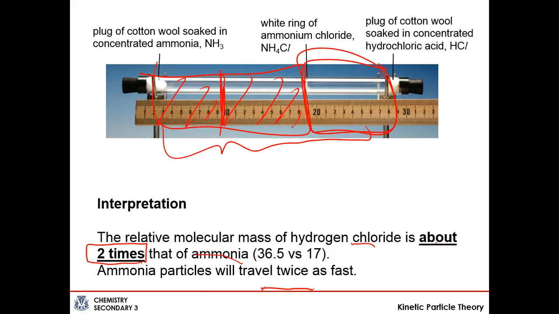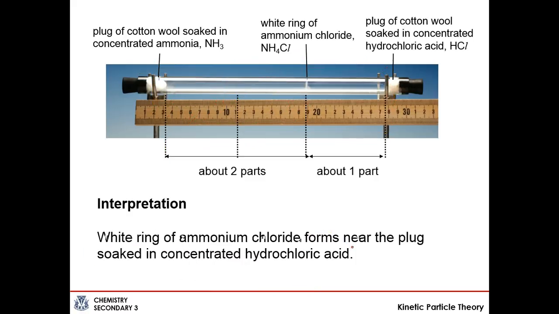Okay, so ammonia vapor travels twice as fast as HCl vapor because the relative molecular mass of ammonia is half that of hydrogen chloride. So as a result, the white ring forms nearer towards HCl, and it is 1/3 the distance towards HCl.